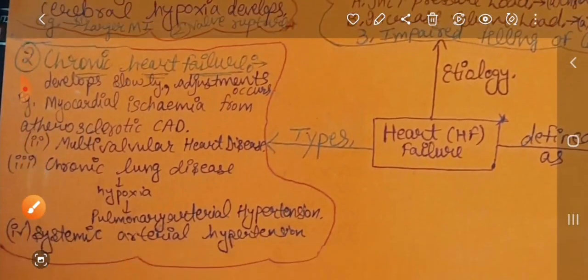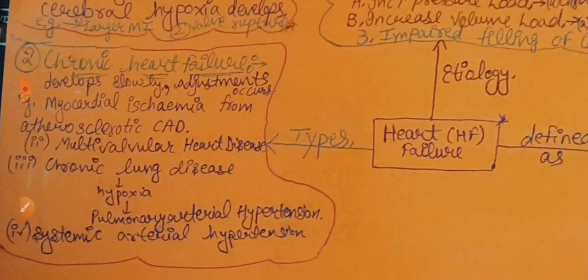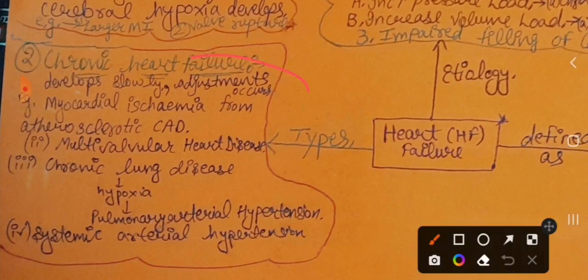Now chronic heart failure develops slowly, as suggested by the name, and adjustments happen in chronic heart failure, like compensatory mechanisms developing. The examples of chronic heart failure are myocardial ischemia from atherosclerotic coronary artery disease, multivalvular heart disease, and chronic lung disease, which leads to hypoxia and further pulmonary arterial hypertension.